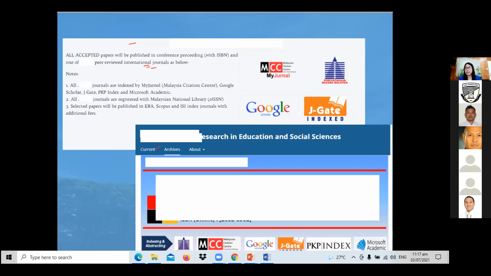It can add something to their credentials. It can increase their ratings in the rankings, and other personal concerns for why they want to publish their papers. But in fact, it's not really. So you really have to review the journal first before publishing.